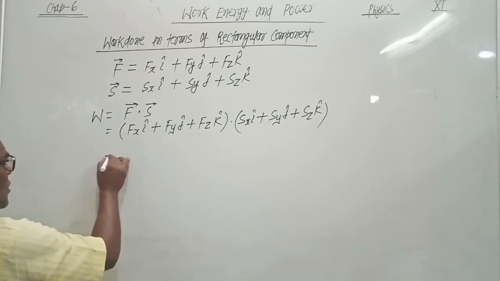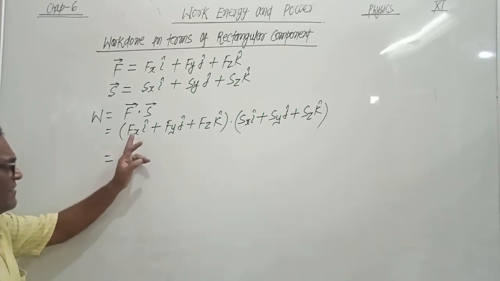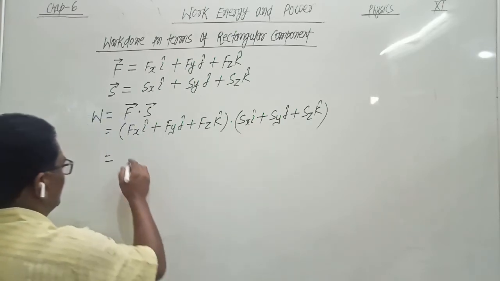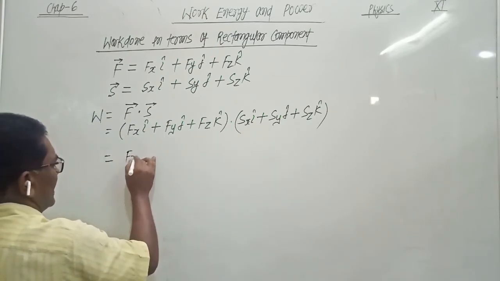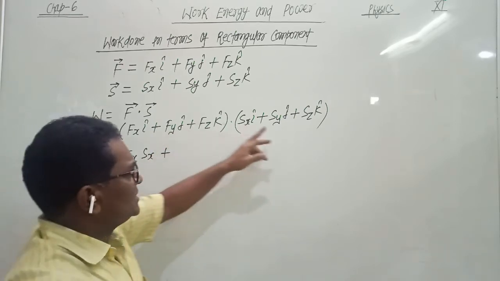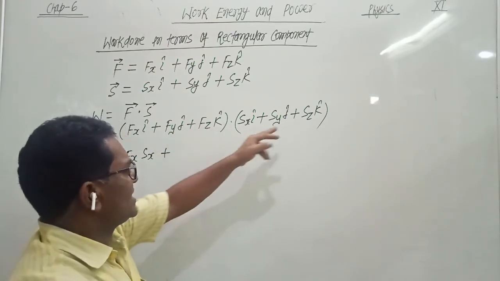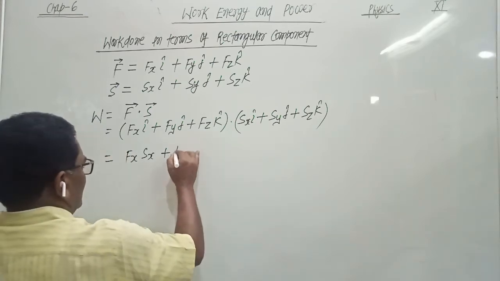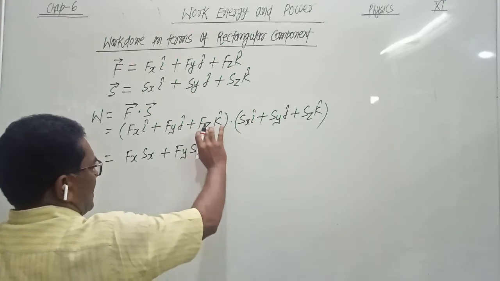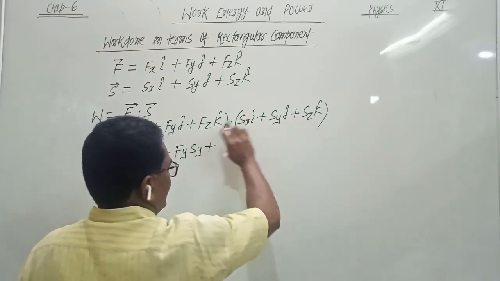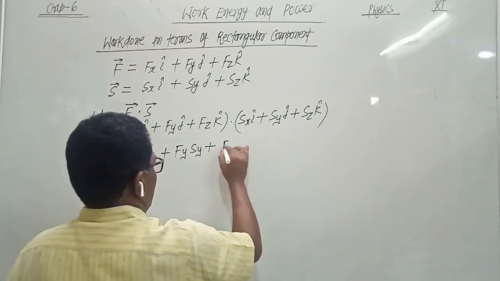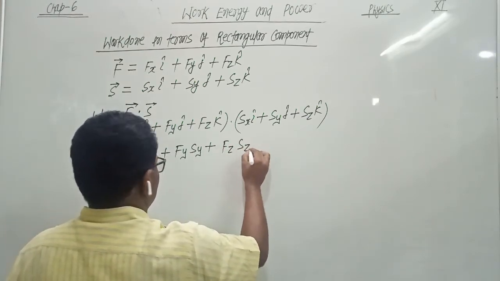Now we do the dot product. i dot i is 1, so Fx into Sx, plus Fy into Sy since j dot j is 1, plus Fz into Sz since k dot k is 1.